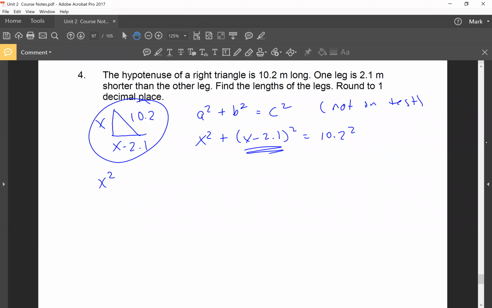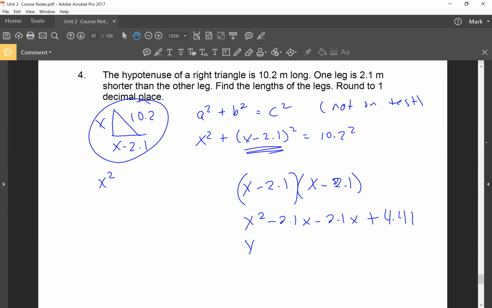Now I'm going to do this part. I'll write it here, but I will erase it. So x minus 2.1 squared would look like this. I would get x squared minus 2.1x minus 2.1x plus 4.41.